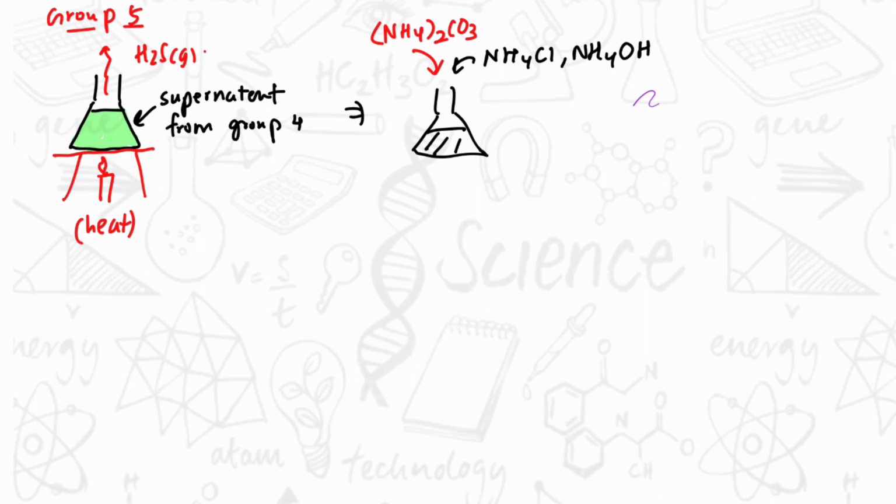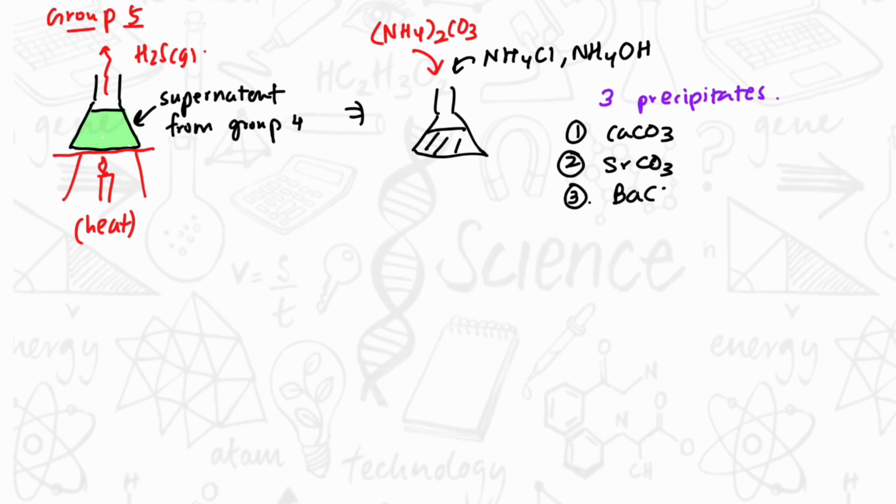This will give us 3 precipitates. The first one is calcium carbonate. The second one is strontium carbonate. The third one will be barium carbonate. All these compounds are white in color.